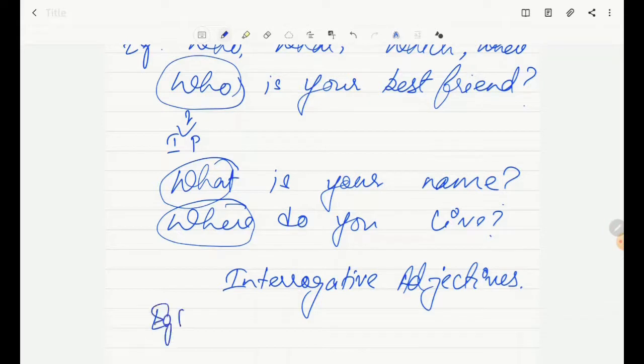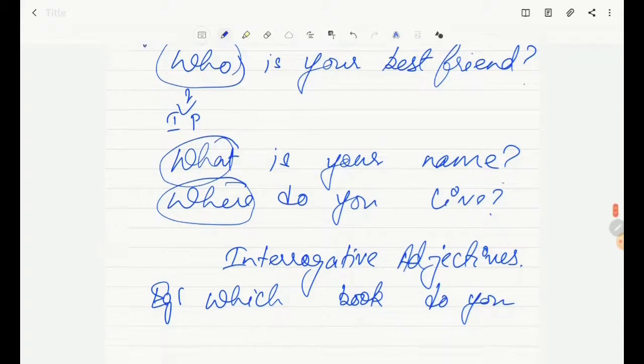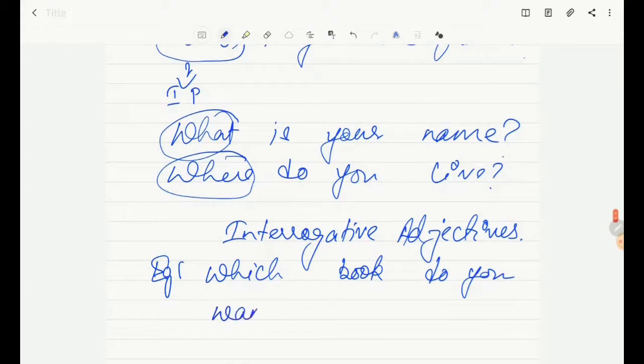With example, which book do you want? Which book do you want? So in this sentence, book is preceded by the adjective, that is which. So which is the interrogative adjective.